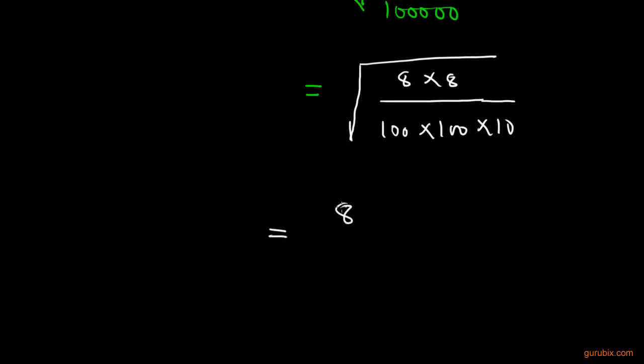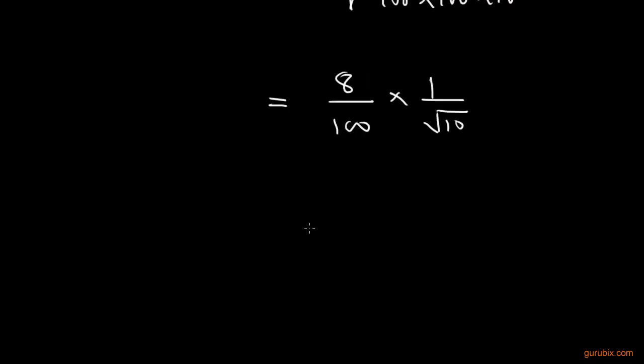So we can write it as 8 over 100 into 1 over root 10. Now we shall use the square root table to put the value of root 10, and the value of root 10 is 3.162.